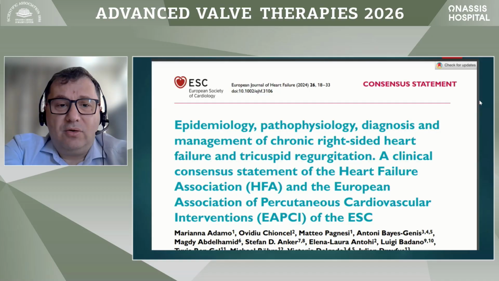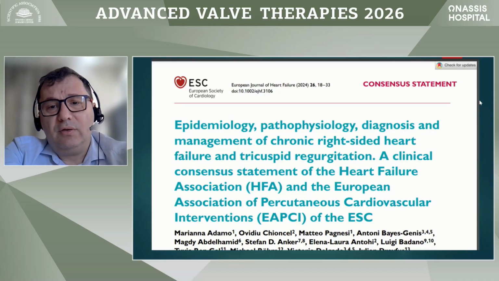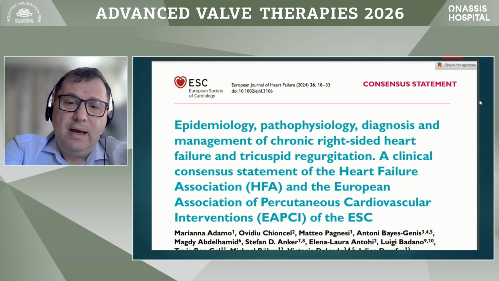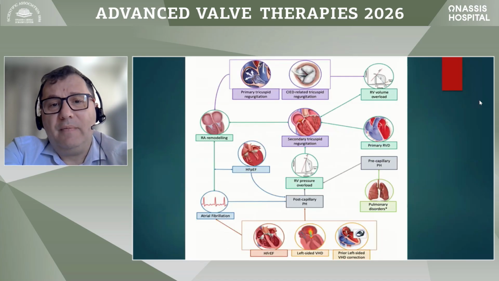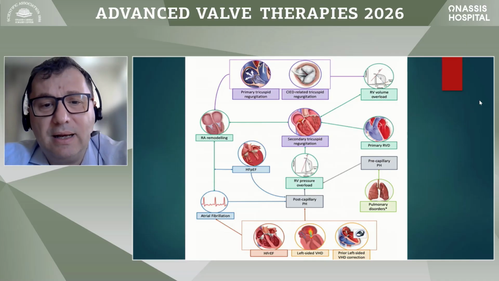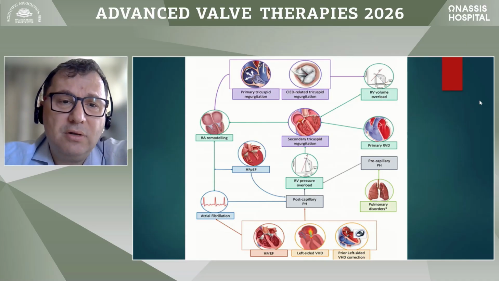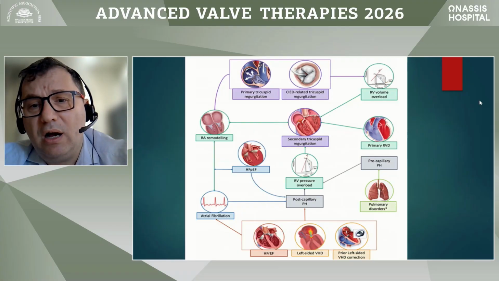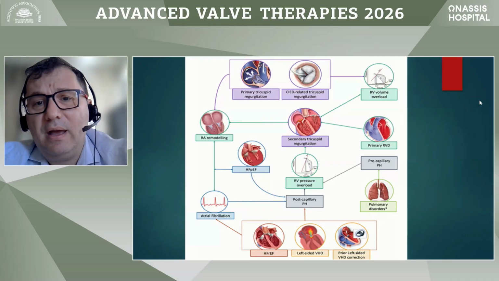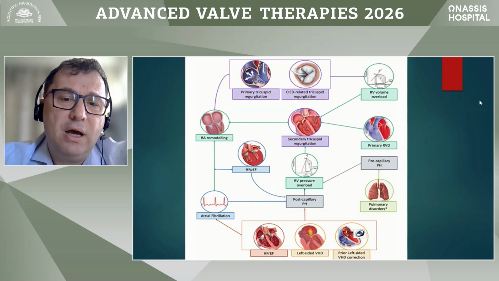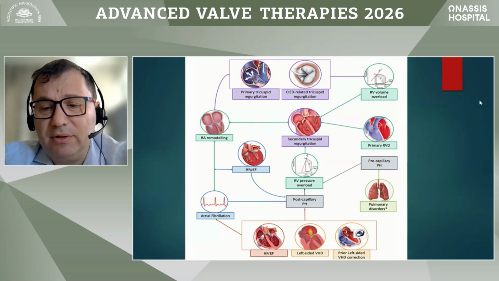And there is a consensus paper from the European Heart Failure Association and the EAPCI, which puts in the center the secondary tricuspid regurgitation and describes different pathophysiologies and clinical entities which can affect the remodeling of the right atrium, with HFpEF and atrial fibrillation, or primary precapillary pulmonary hypertension, pulmonary disorders, pressure overload, or post-capillary hypertension.